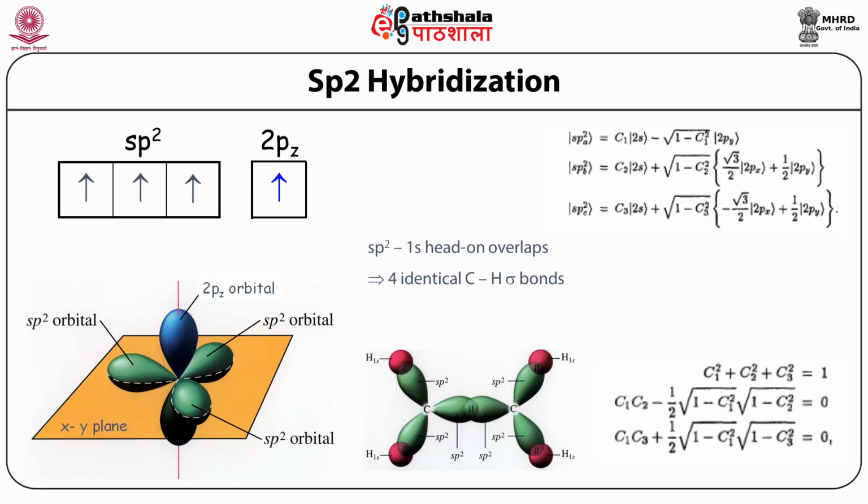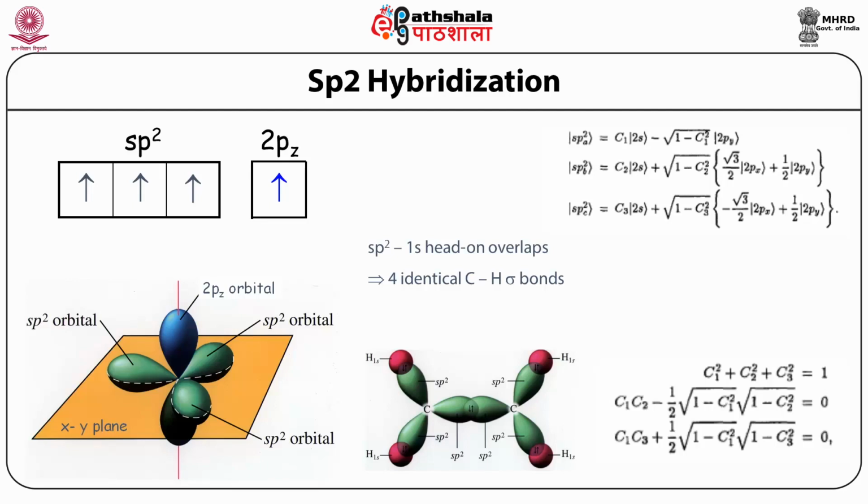Now the 3 sp2 hybridized orbitals are made from 2s, 2px and 2py orbitals, and they are given by sp2a is equal to C1 2s minus root of 1 minus C1 square 2py.